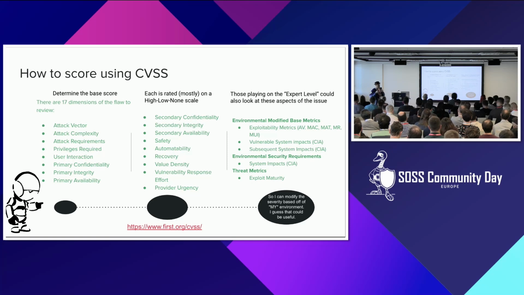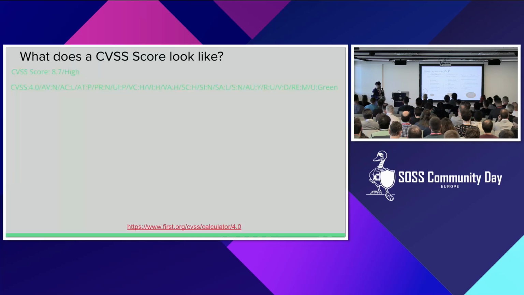And then there's an option for downstream consumers to take that score and the string and modify it based off of security controls or things they have within their environment to adjust that score and tailor it to their own environments. So this is what a CVSS score looks like.